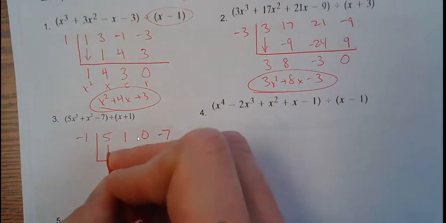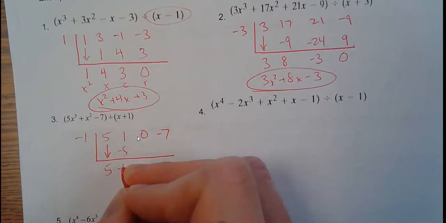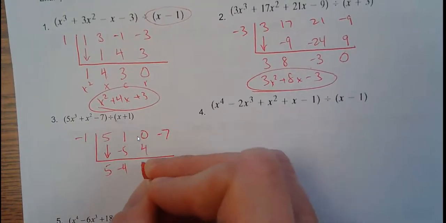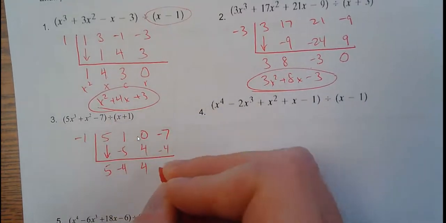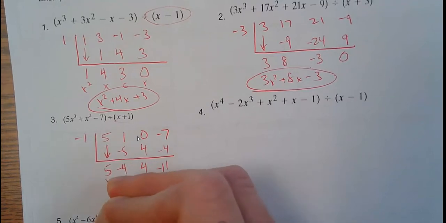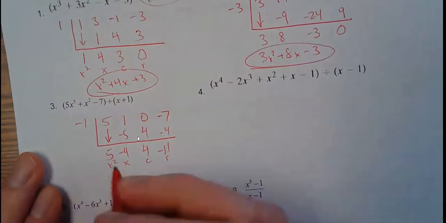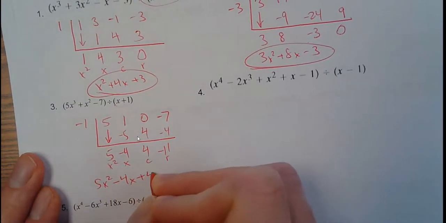So now, drop the first number down, multiply across. Add straight down, multiply across. Add straight down, and multiply across, and now add straight down. There is your remainder. So remainder, constant, x, x squared. So when I write this guy, I'm going to have 5x squared minus 4x plus 4.